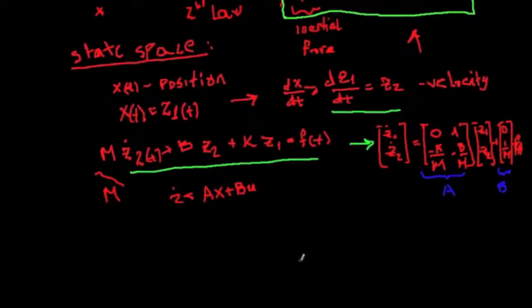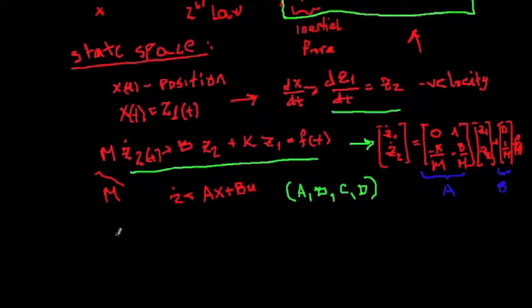Now we usually have a system that is given as A, B, C, and D. What are in this case C and D?